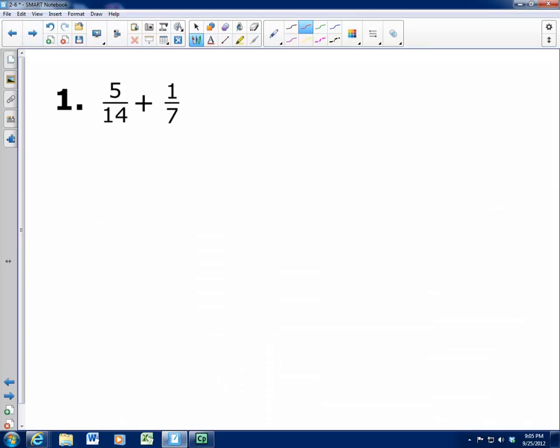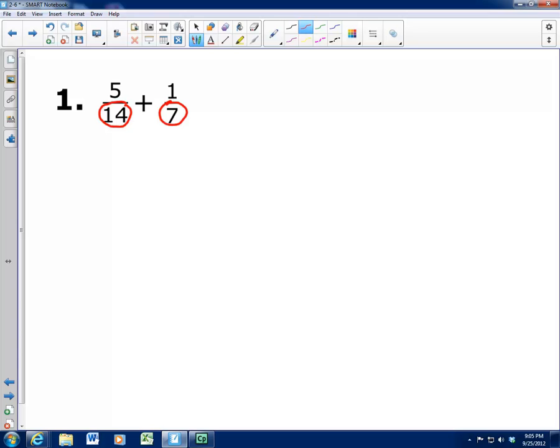Now, number 1, again, we notice that we have different denominators. We have 14 over here on this guy, and we have 7 over here on this guy. Now, we could multiply 7 times 14 to get a common denominator. I don't want to do that because I know by looking at these two fractions that both 14 and 7 go into 14.